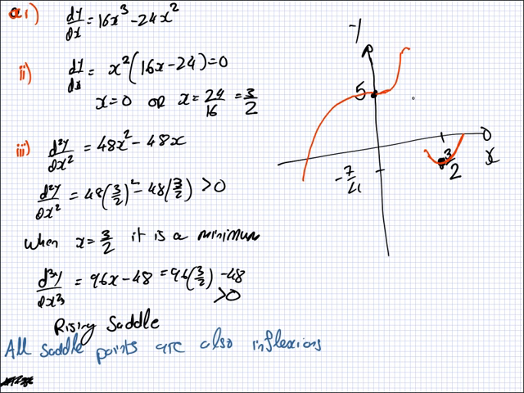There must be some sign error in one of our calculations here. Third derivative is 96x minus 48. And when you put in 3 over 2, you get a positive, right? Yeah, you get the positive. It's 100% positive.